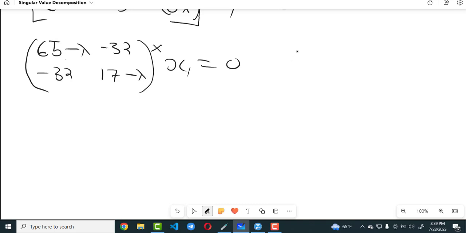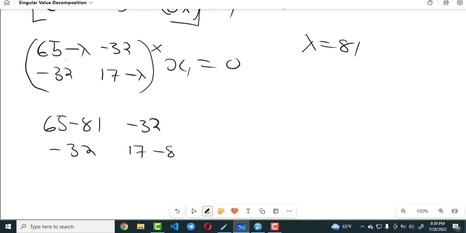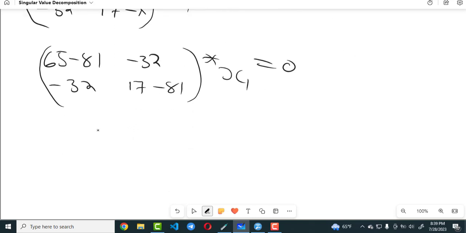Since we are substituting lambda equals 81, we are saying 65 minus 81, minus 32, minus 32 and also 17 minus 81, all multiplied by our vector 1 equals to 0.